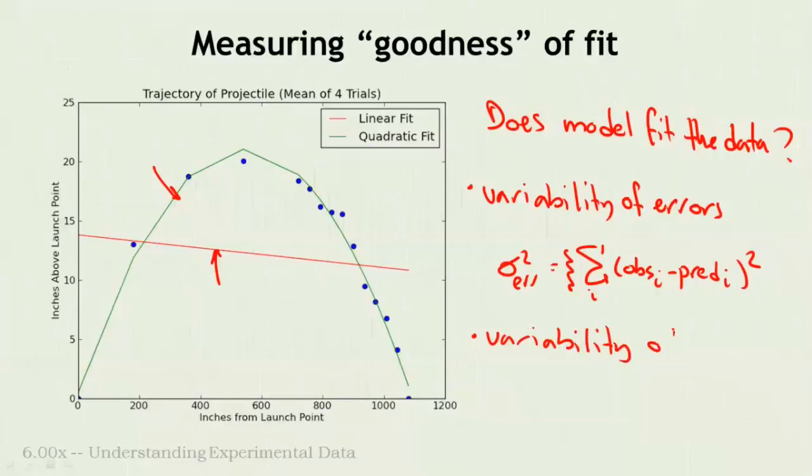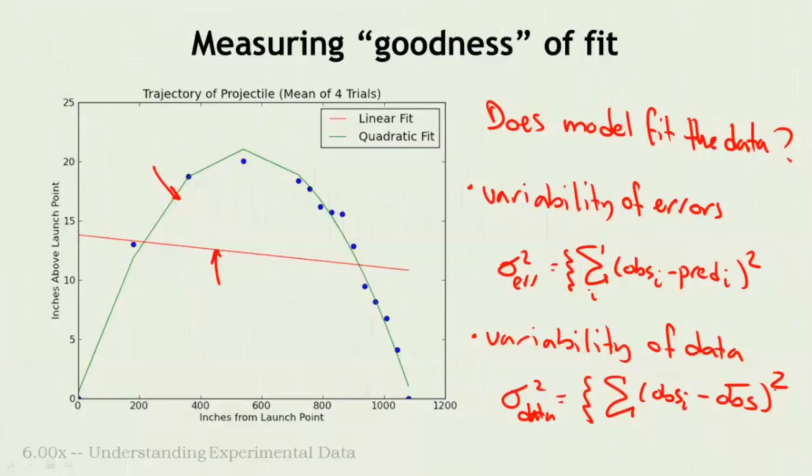We can use the same measure of variability, the variance of the data, again with some normalization factor. We talk about the values of the observations relative to the mean observation. That would be the variance of the data. And we want to make a ratio of those two quantities to get a sense of how well the model is fitting the data.